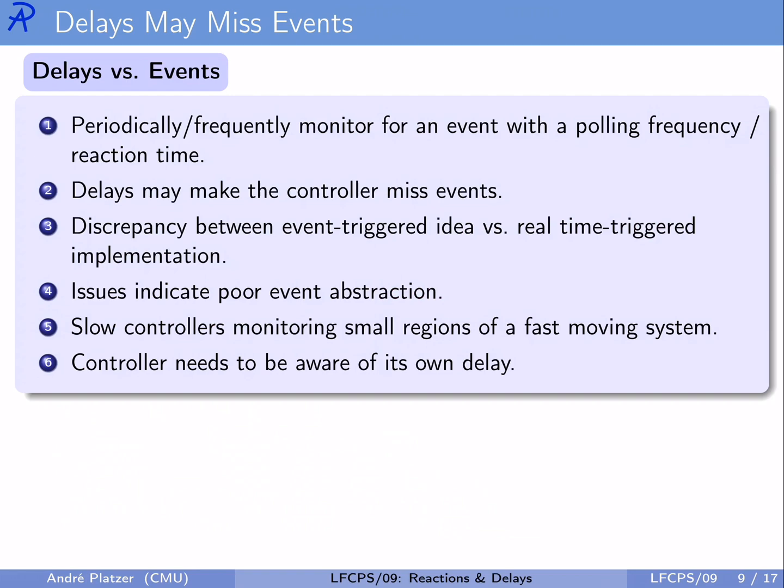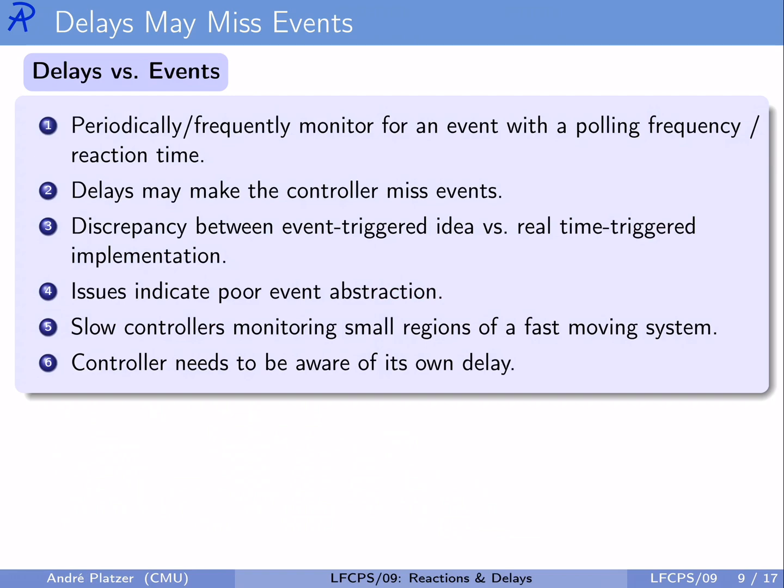Delays may make controllers miss events. And any discrepancy between an event-triggered controller idea versus a real time-triggered implementation can happen and indicates poor event abstraction. It doesn't always have to happen, right? Sometimes our event abstraction is a good one, but whenever these subtle differences come up, and they matter a lot, then we have to dig deeper and understand the role of delays.